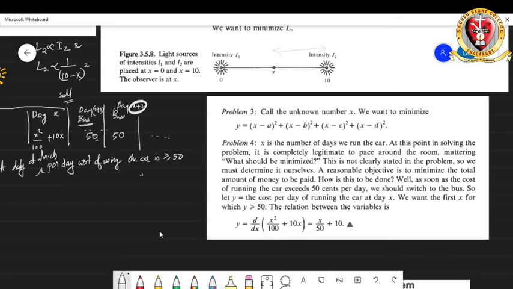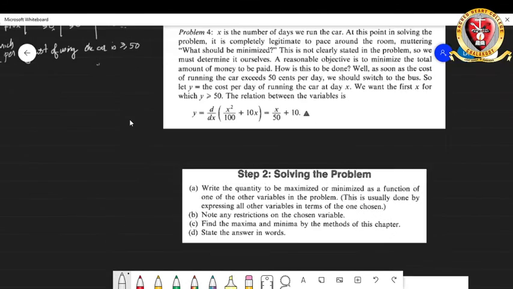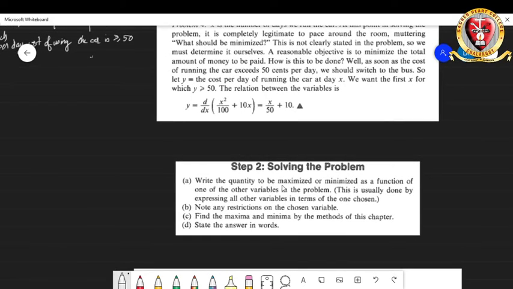Now we will see what is step 2 and the corresponding points, and how we will apply the same to the problems which were given and discussed now. Okay. Step 2 of solving the problem: write the quantity to be maximized or minimized as a function of one of the other variables in the problem.